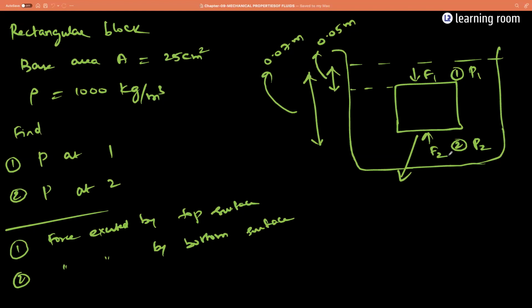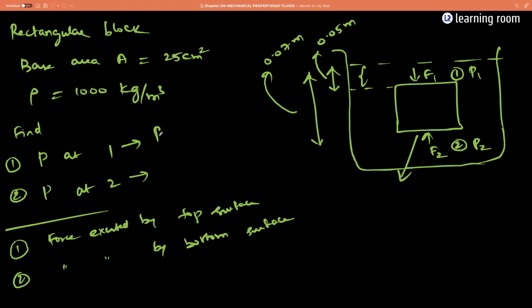So what is the answer for 1? What is the first depth? It is 0.05. With that 0.05, calculate the pressure at that point.